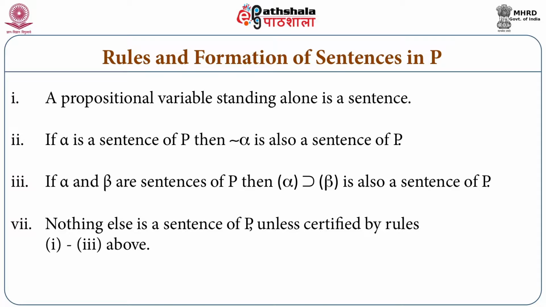That will also be a sentence. If we have a sentence alpha and another sentence beta, we can join these two sentences using a connective, which is conditional connective, and that will also be a sentence in our system. Now here is a closure principle. Nothing else is a sentence in our system unless generated by the application of these first three rules.